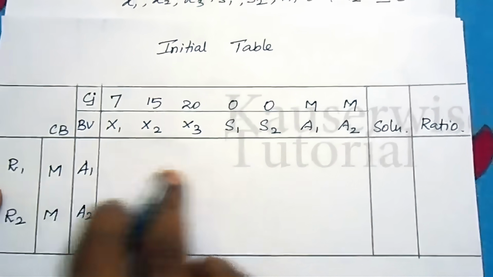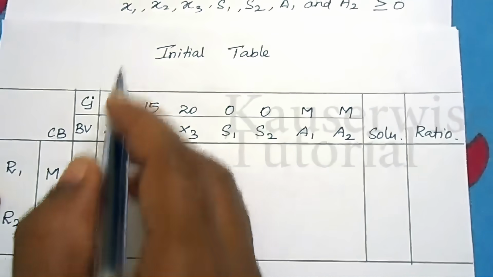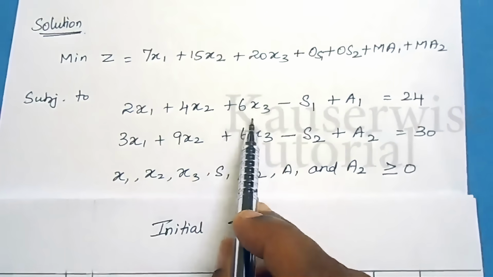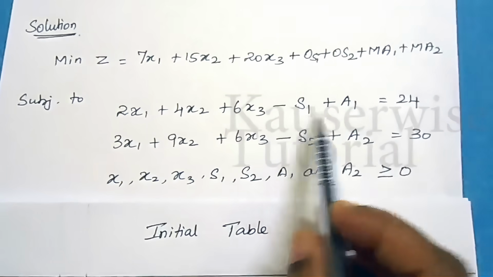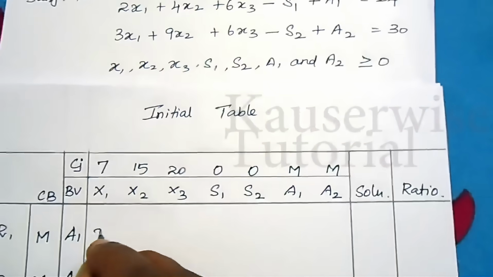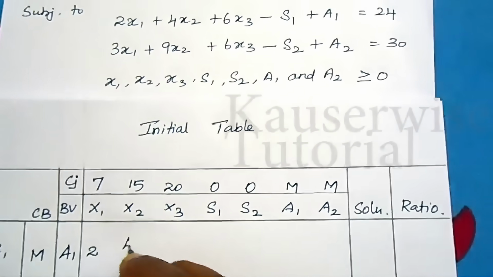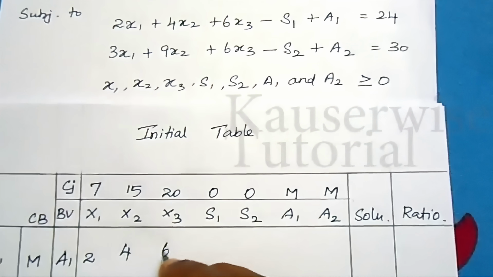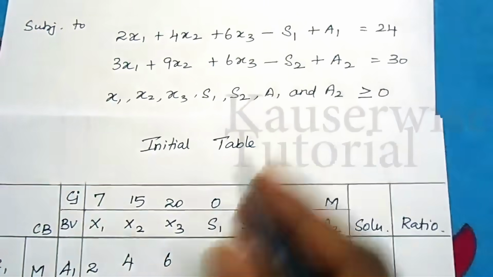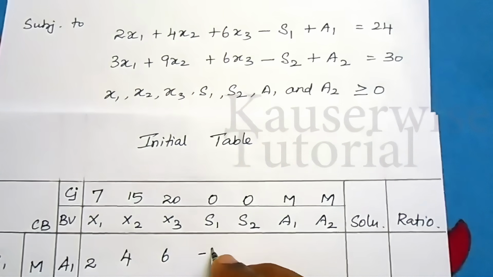So now write the first row values. Look at the first constraint: 2x1, 4x2, 6x3, minus s1, plus a1 is equal to 24. So 2, 4, 6, and for s1, that is minus s1, so s1 is there, right? Minus 1.